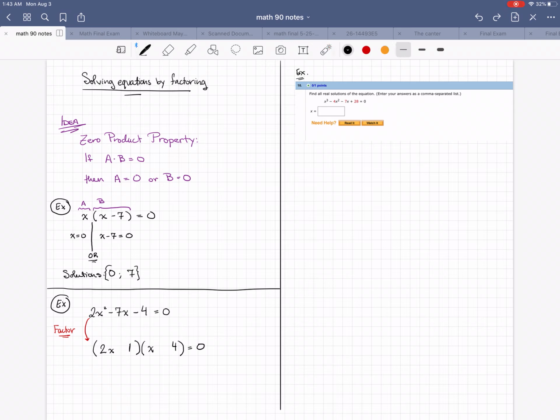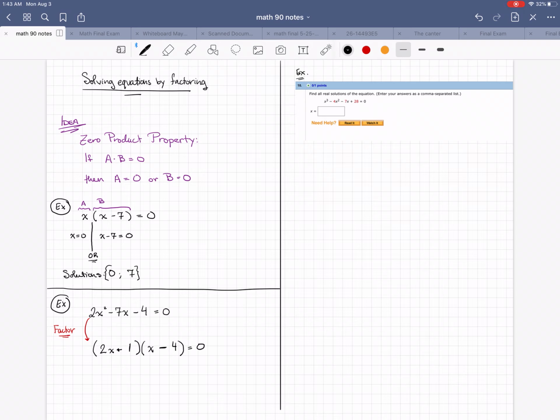And let's just, for a second, pretend that it was x plus 4 and 2x minus 1. Well, then 2x times positive 4 gives you positive 8x, and -1 times x just subtracts an x off, so the sign's off. So it's a pretty quick check to see that, in fact, it's x minus 4 times 2x plus 1.